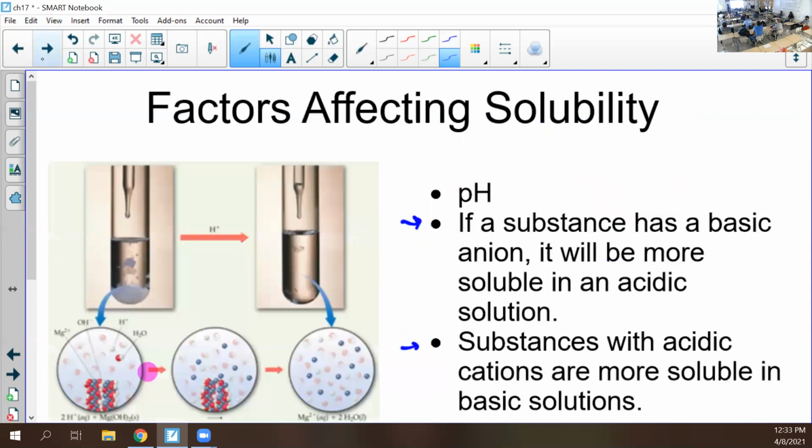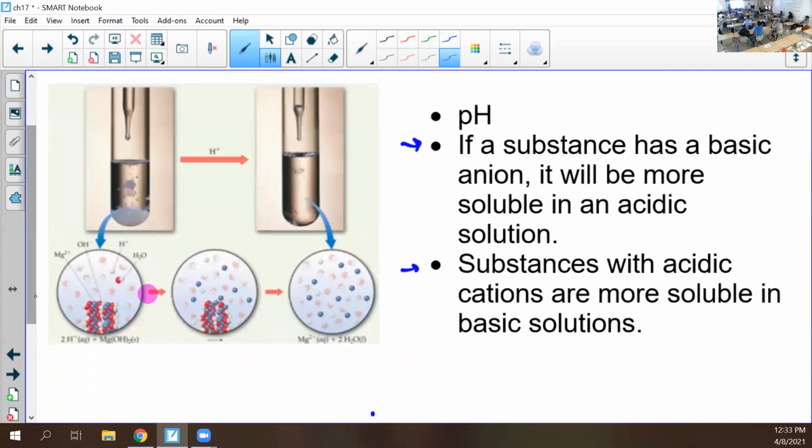Okay, next up. All right, pH. This one's a little bit trickier, but not bad. pH. If a substance has a basic anion, it will be more soluble in an acidic solution. So, what do we have here?